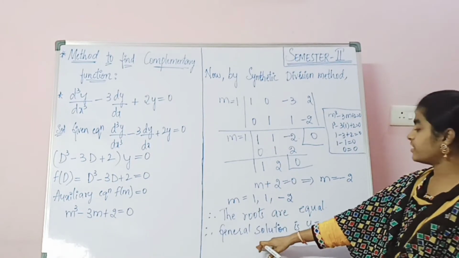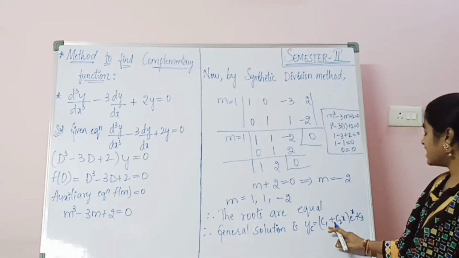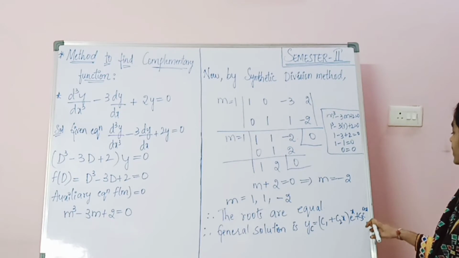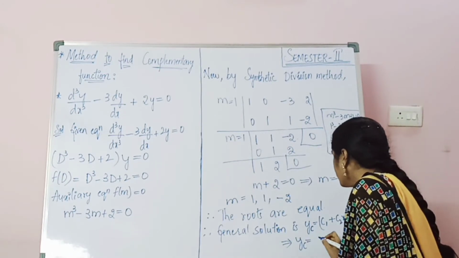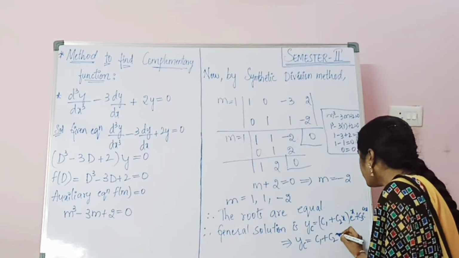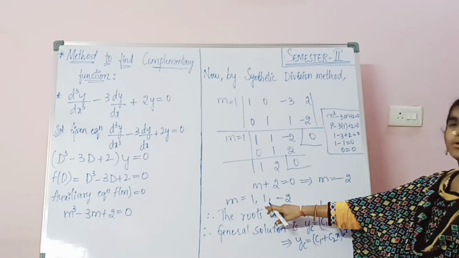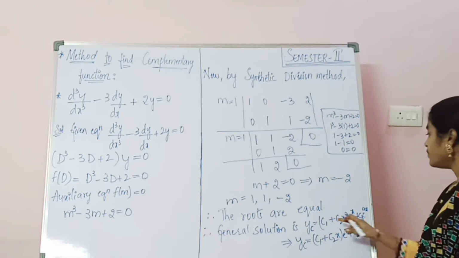Next, what we have to find? General solution. Therefore general solution is yc equals to c1 plus c2x into e power x plus c3 into e power mx. So that implies yc equals to c1 as it is, plus c2x into e power x, because here both roots are equal, plus c3 into e power, what is m here?